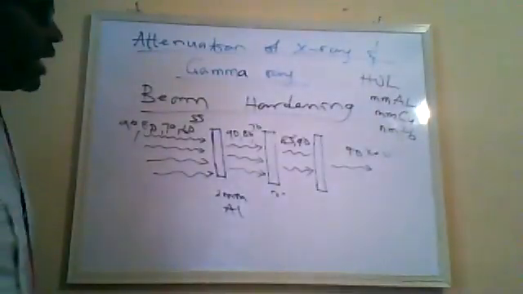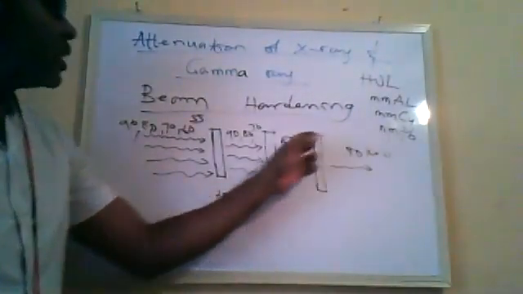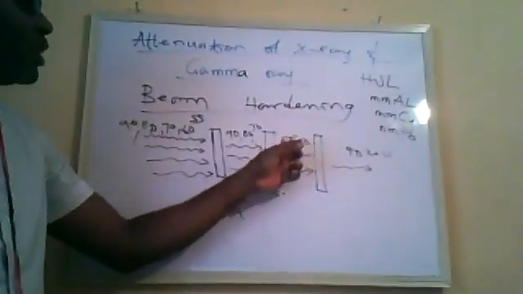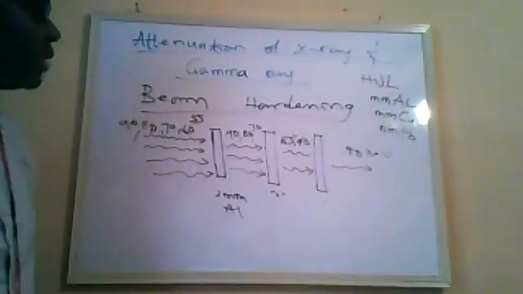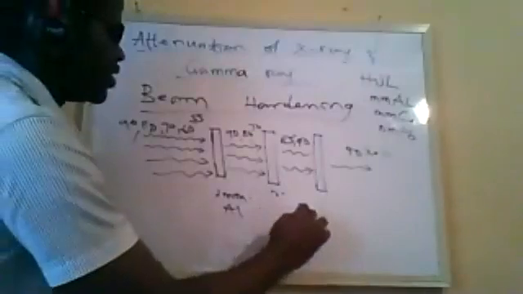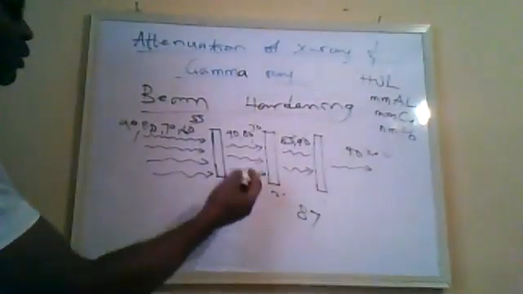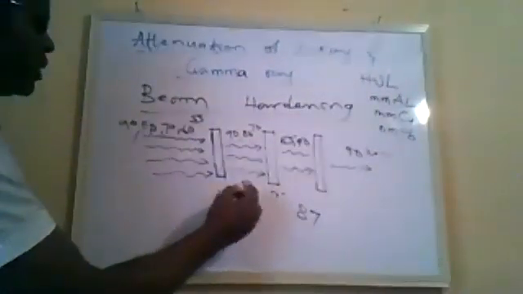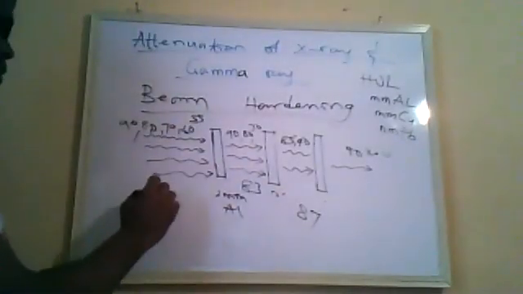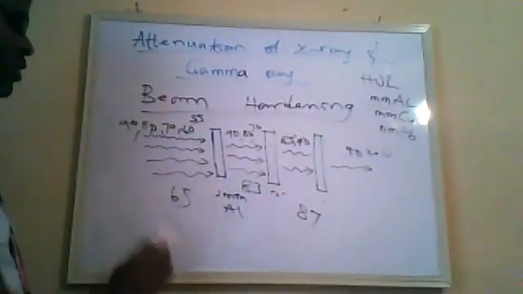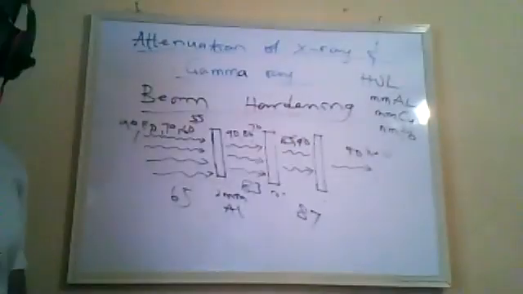If you calculate the mean energy of this one, you're going to have something close to 80-something, maybe 87 mean energy. For this one, I'll be looking at something like 73. The mean energy of this one might give us something like 65. You see, the effective energy continues to increase.